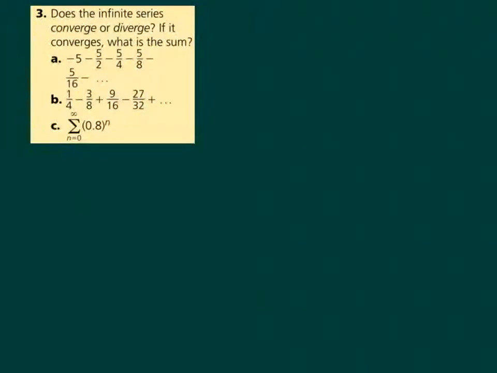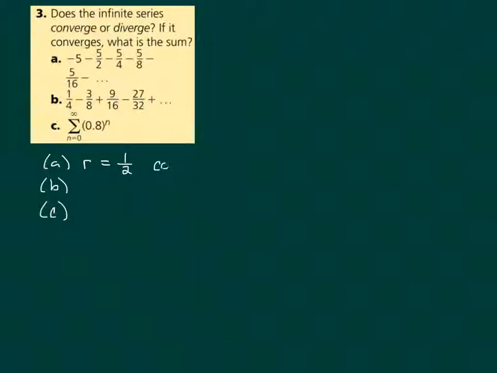First thing, let's go through A, B, C. Do they converge or diverge? Converge meaning the absolute value of the common ratio is between 0 and 1. Diverge would mean anything else. So in the first one, what is the common ratio? 1/2.